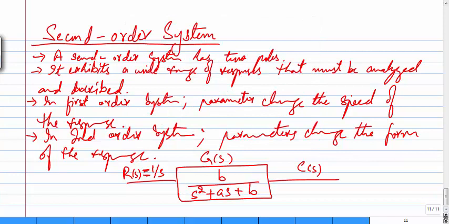Now if I move to responses, what type of responses do we have? So the first one, if we look, is 9 divided by s square plus 9s plus 9. Okay.